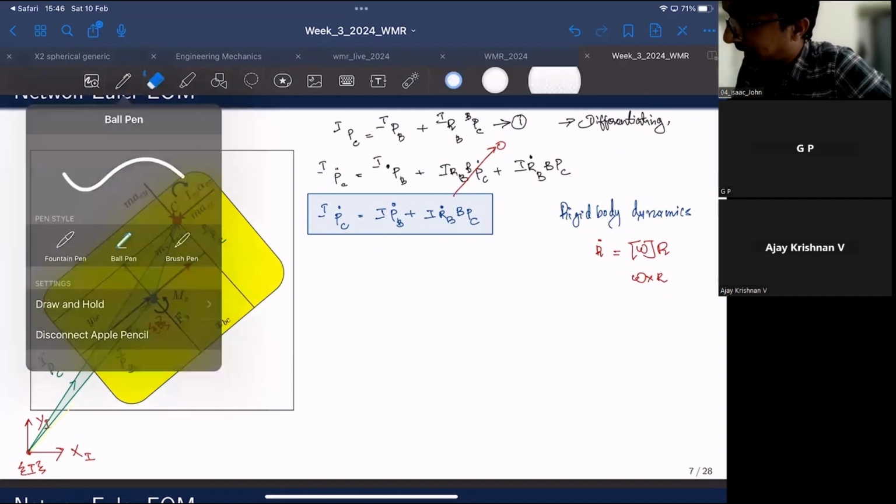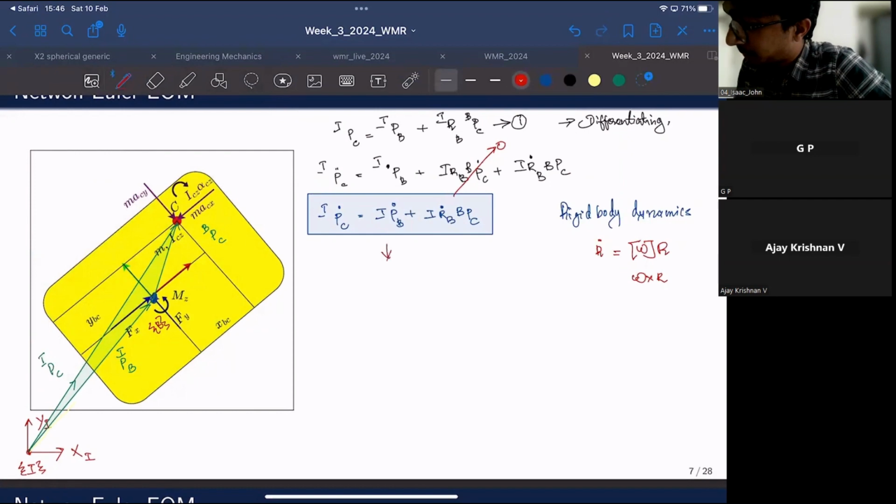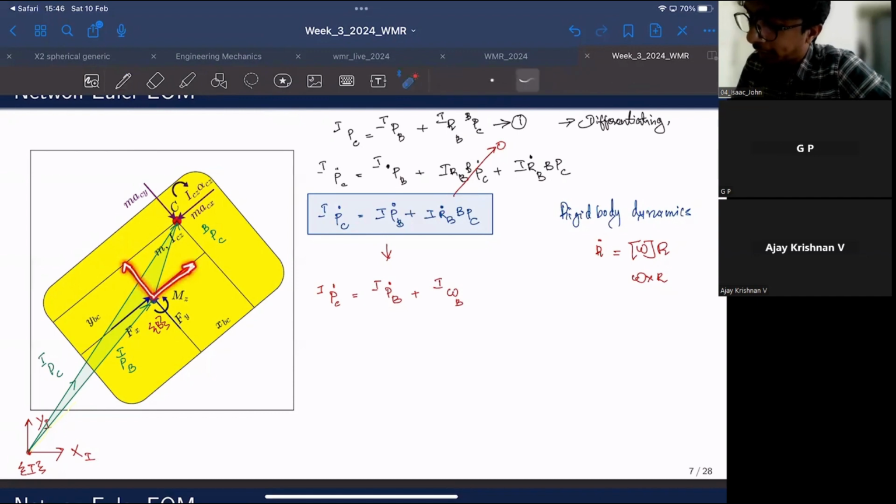So further expanding this, the derivative of the position vector of C with respect to I would be the position vector of B with respect to I, plus the angular velocity of frame B with respect to I, because we know that this body frame would be rotating.